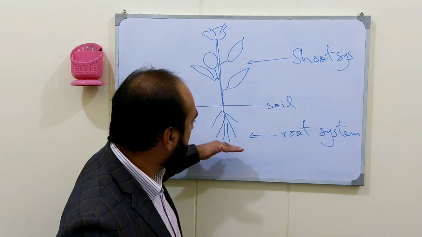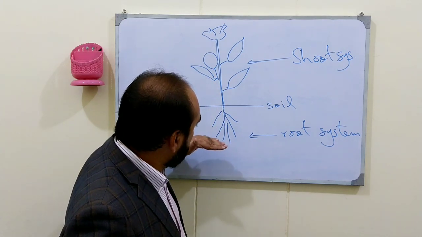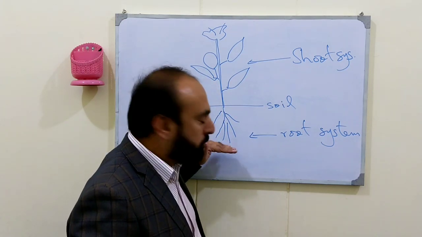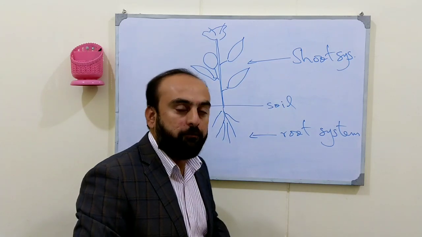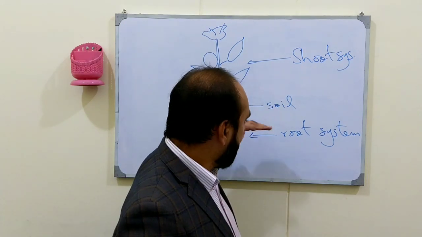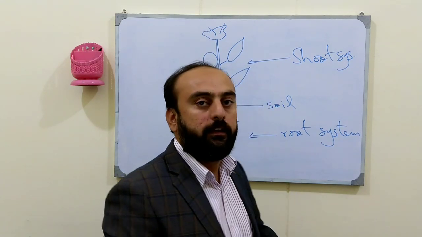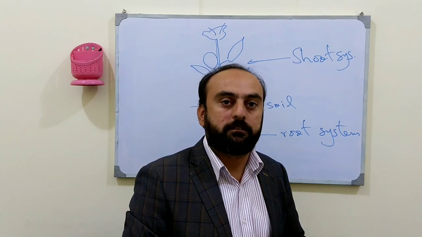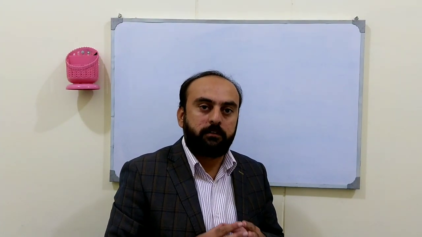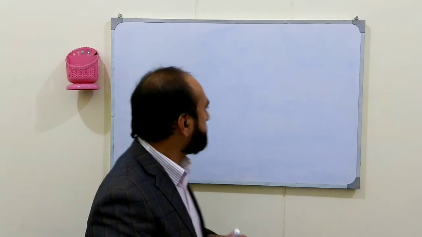The below ground part that consists of root system, the basic function of roots is the uptake of water and minerals from soil, the anchorage of plants into the soil, and sometimes they act as storage pods.